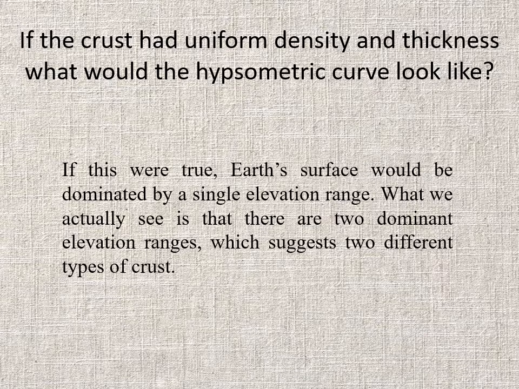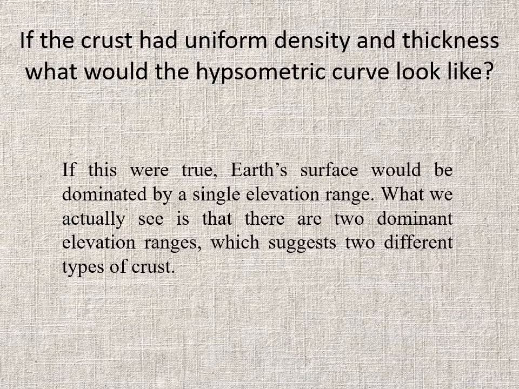Now the last part, a question: if the crust of the earth had uniform density and thickness, what would be the hypsometric curve? That means there is no different continental crust or oceanic crust. The entire earth is made up of the same type of crustal material.